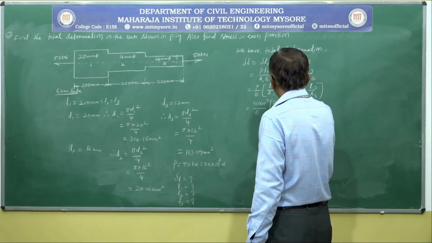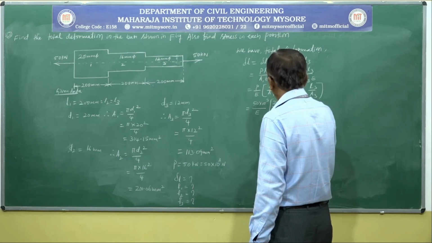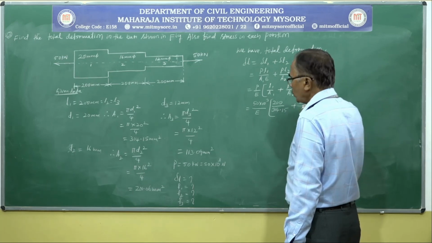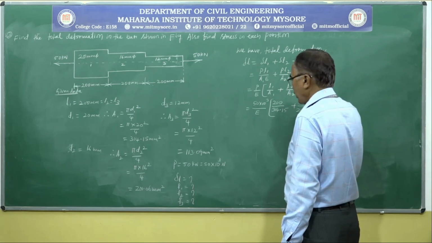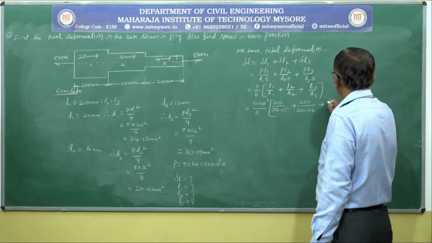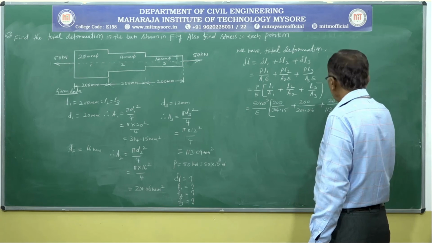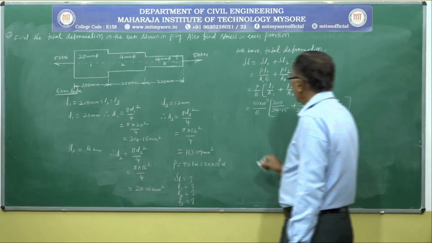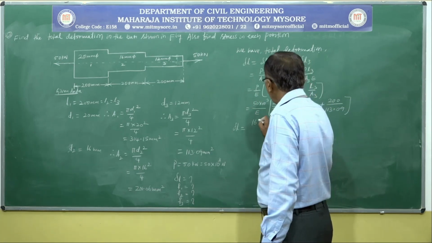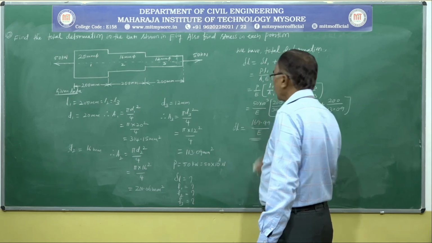Let us write 200 divided by A1, which is 314.15, plus L2, again 200 millimeter, divided by A2, 201.06, plus L3, again 200 millimeter, divided by A3, 113.09. Solving this, you will get the total deformation equal to 169.99 divided by E, that is in terms of Young's modulus.